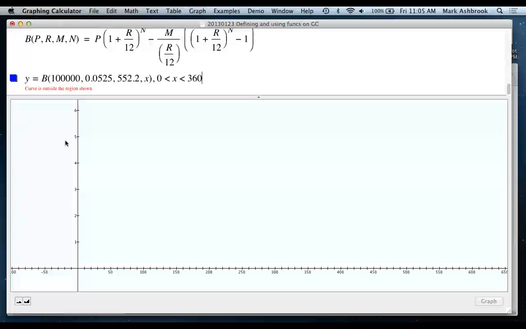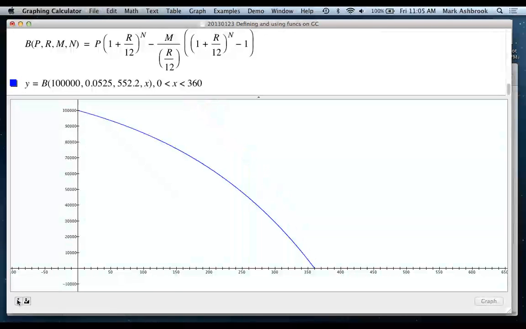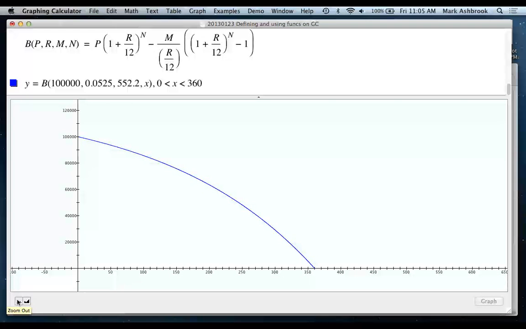So the balance of the loan, and so we want to zoom out on the y-axis. So we're showing that function from 0 to 360. And so does it make sense?